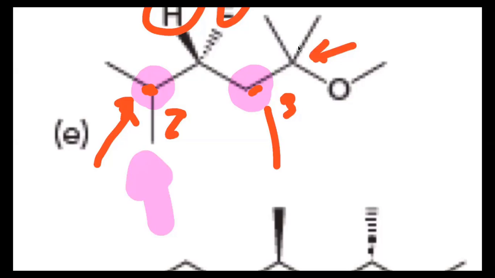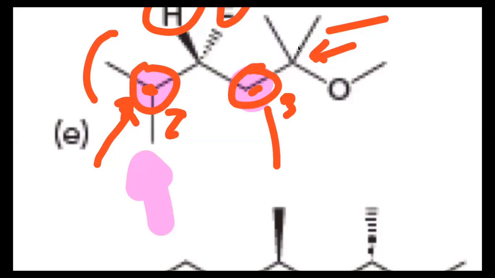So they don't count, right? You see these branches before you get to these branches. So that's why this carbon is higher priority than this one. Does that make sense? So when a carbon has branches on it like that, and you're comparing it to another carbon without branches, it's automatic by default that the branched carbon is higher in priority.